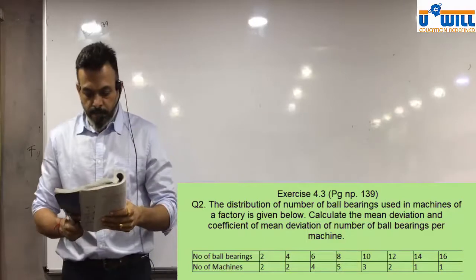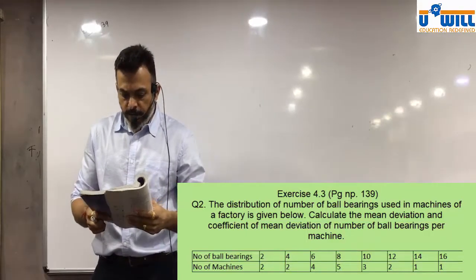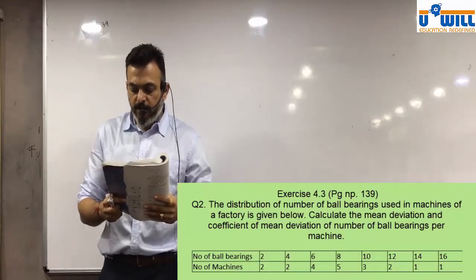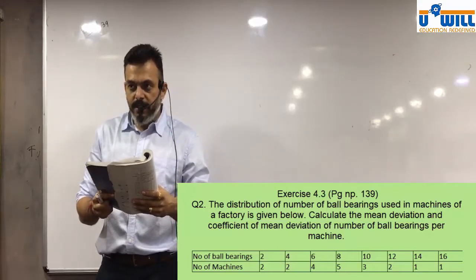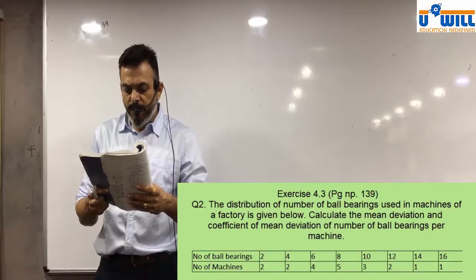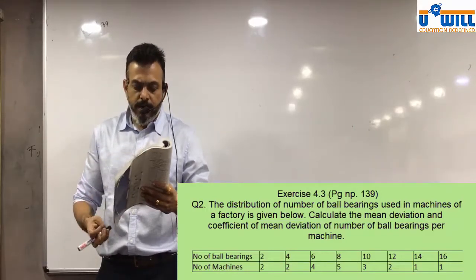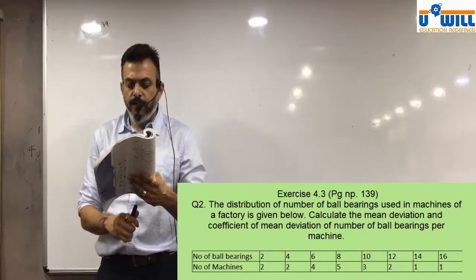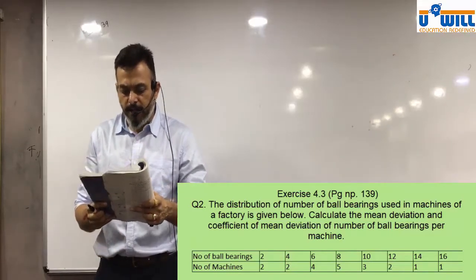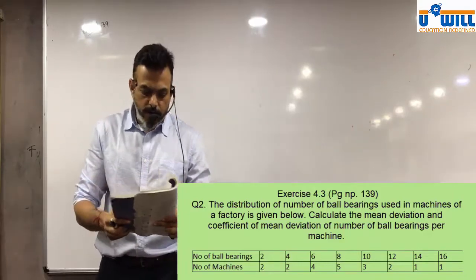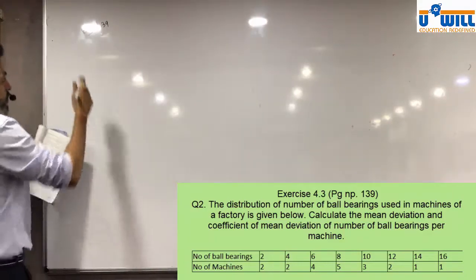Question number 2. The distribution of number of ball bearings used in a machine of a factory is given below. Calculate the mean deviation and coefficient of mean deviation of number of ball bearings per machine. Now, we have to find mean deviation and the coefficient. What type of data is this? It's a discrete data. Okay, so lots of calculation. Write.